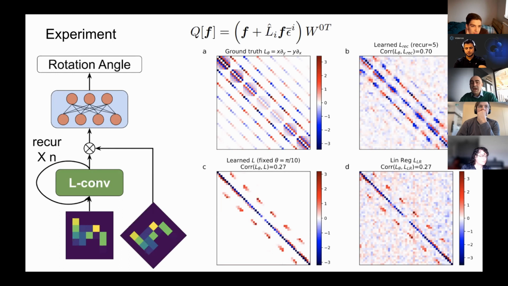What happened here is after we trained this, I just opened this layer up and looked at the L term in the L-Conv. This L here is that giant matrix that is supposed to look like this. Fortunately, in this case, it does have a lot of the similar structures. You also see some of these longer range connections. It's not perfect, obviously. It's also not zero in all these places where we don't want it to have terms, where it should be close to zero.